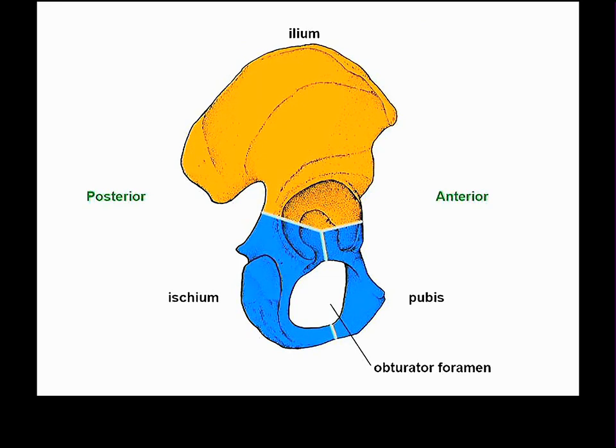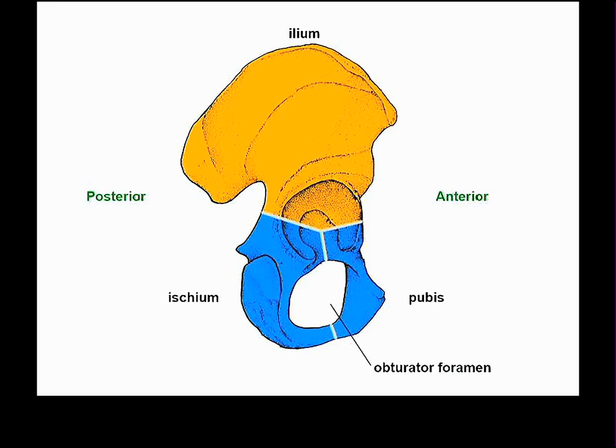Big iliac ossification center, a portion of the hip bone formed by the ischial center, a portion formed by the pubic center, all three meeting in the acetabulum, and a big gap between the ischium and pubic centers, which is called the obturator foramen, which is covered over almost entirely in life by a connective tissue called the obturator membrane.